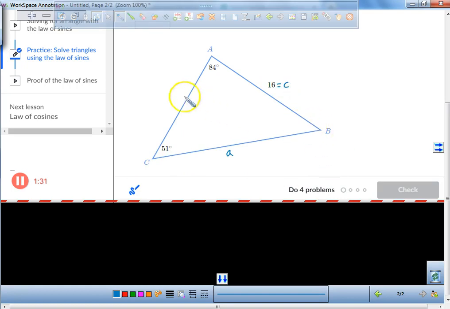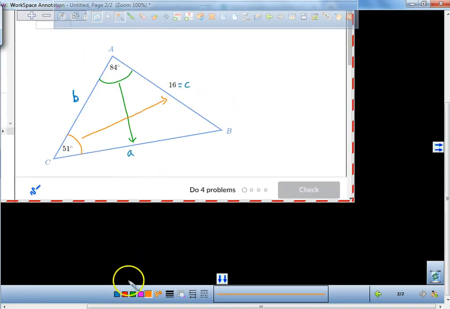And across from capital B, put a lowercase b. The sides are always opposite whatever the angle is. So if you have a capital A, that opens up to lowercase a. If you have a capital C, that opens up to lowercase c.